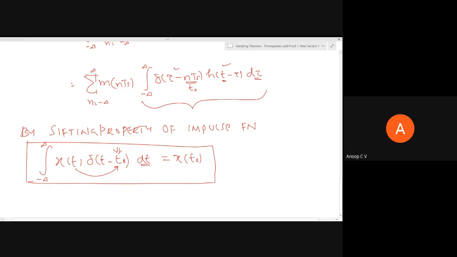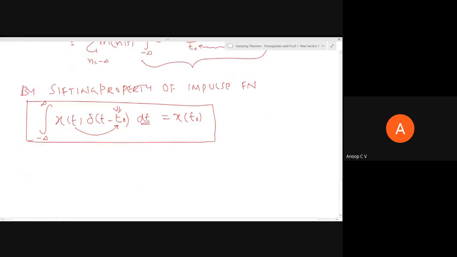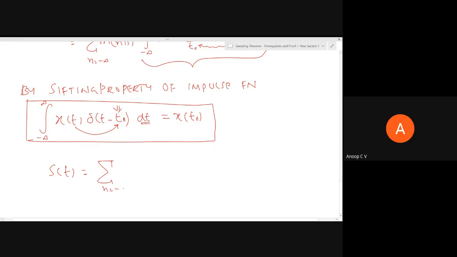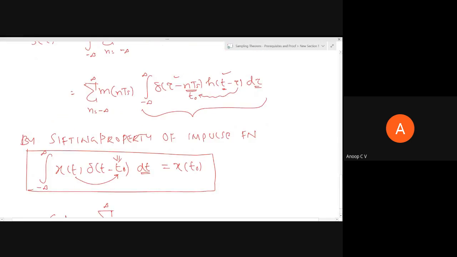So what you should do is, by the shifting property, instead of tau you should replace it with t naught. Tau should be replaced with t naught, so that's what we have to do. By the shifting property, I'll write h of t is equal to summation n from minus infinity to infinity, m of nTs, then this term will become h of t minus nTs.